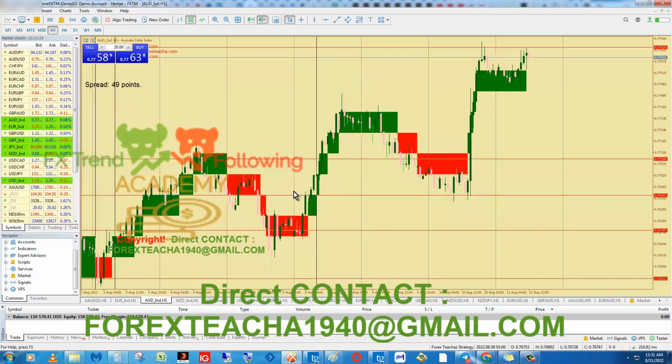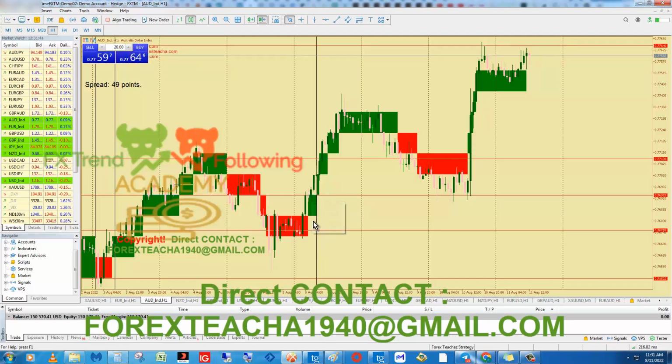So in this case, since I wanted to trade an Australian dollar pair, something that had to do with the Australian dollar, I had to go to the Australian dollar index.